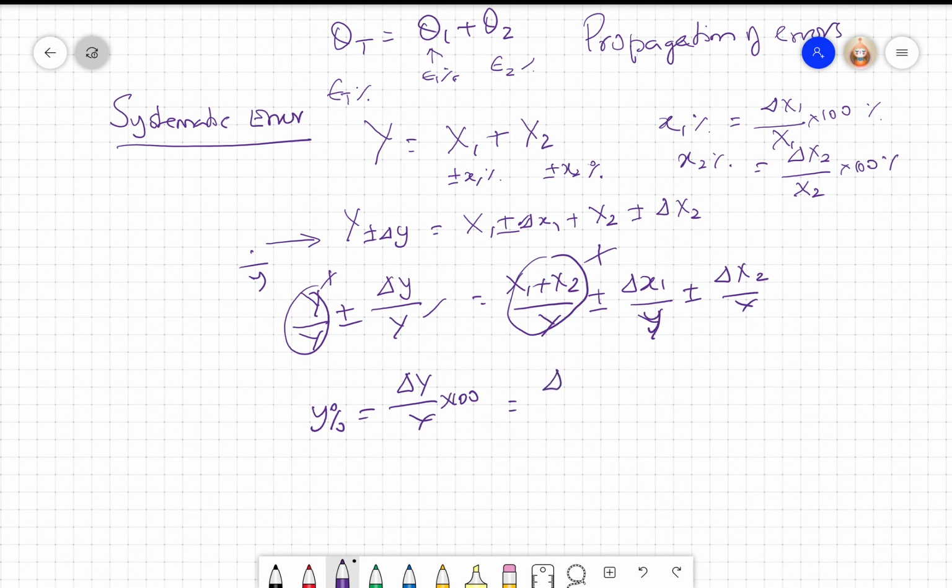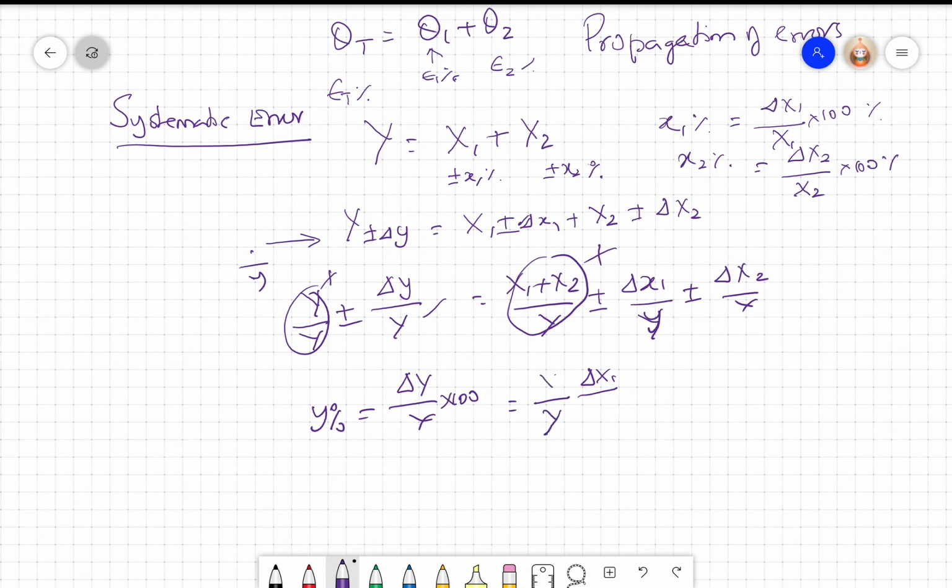That would be delta x. I am going to write this in a slightly different fashion. I will put delta x1 here, divided by y. This y is coming here.